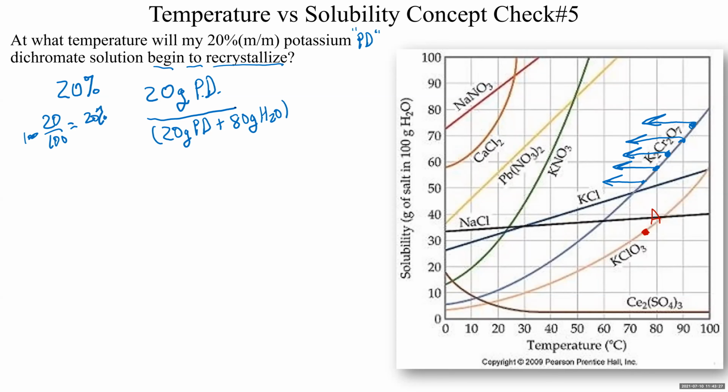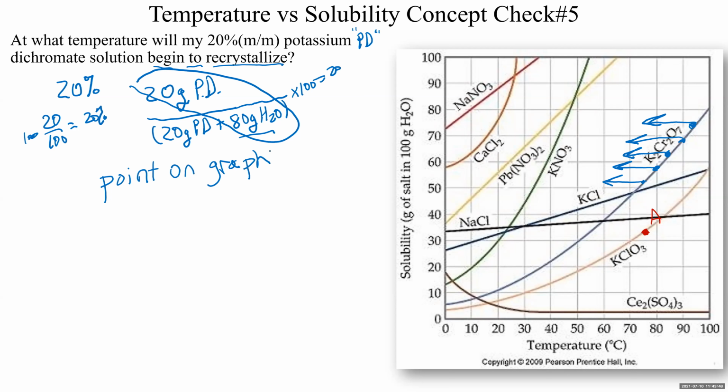That would give me the equivalent, right? That much water with that much potassium dichromate times 100, that gives me my 20%, but that also gives me my ratio 20 to 80. That's what we're saying here. We're looking for a point on the graph that relates 20 grams to 80 grams.